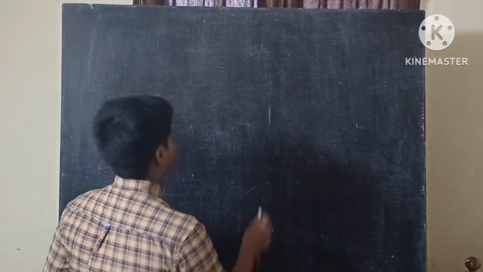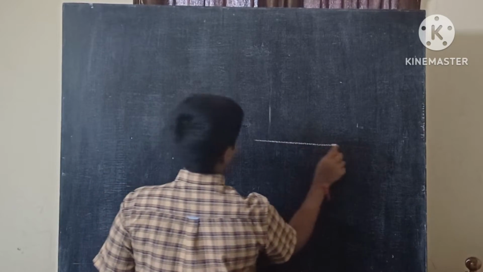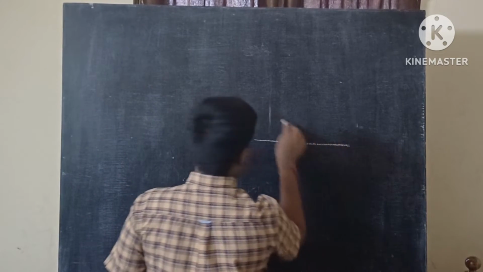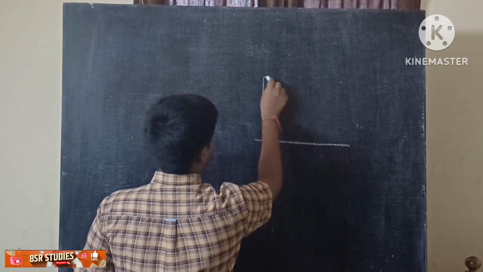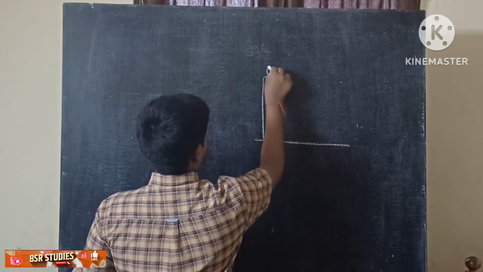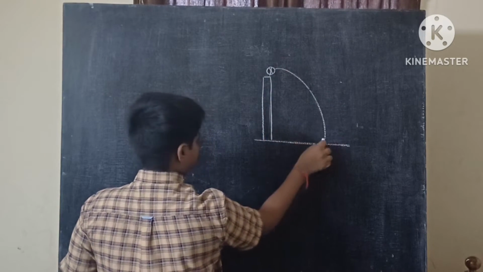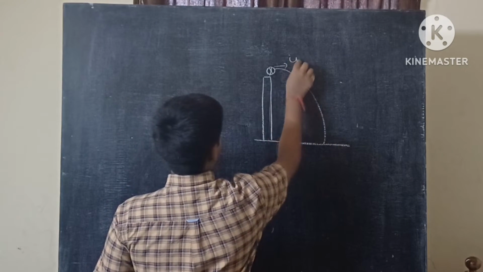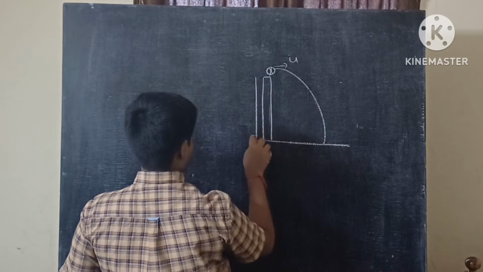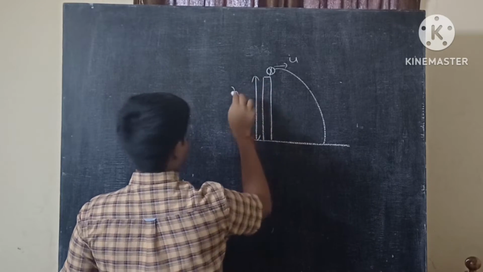And if you see another point, this is ground and this is tower, and a ball is dropped like this with some initial velocity u, and the height of this tower is h.